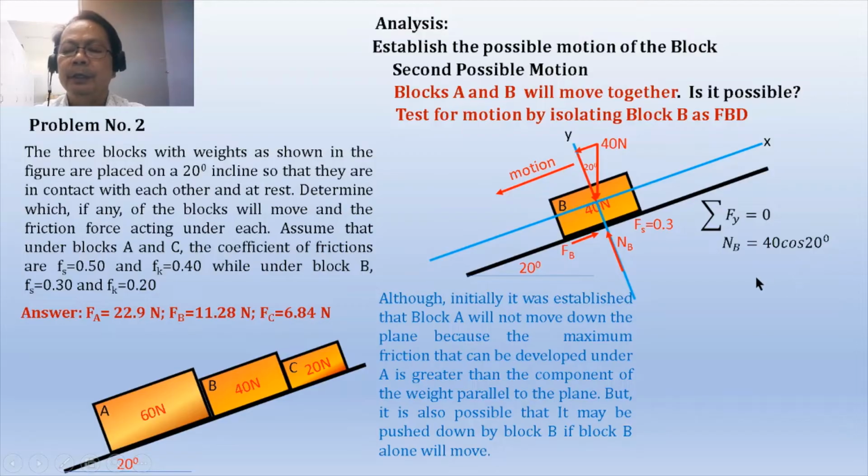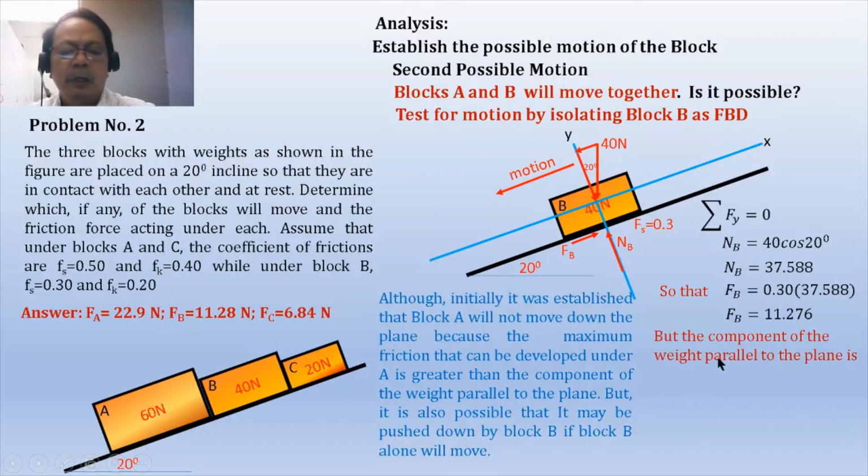Hence, N sub B is equal to 37.588. We can then compute the frictional force by multiplying this normal force by the coefficient of static friction, 0.3, giving F sub B equal to 11.278.